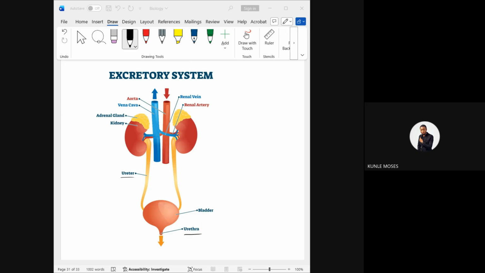They help in digestion of food. You want me to write it down? Digestion of food, absorption of nutrients, and ejection of waste.